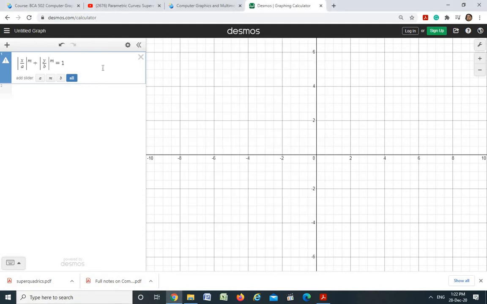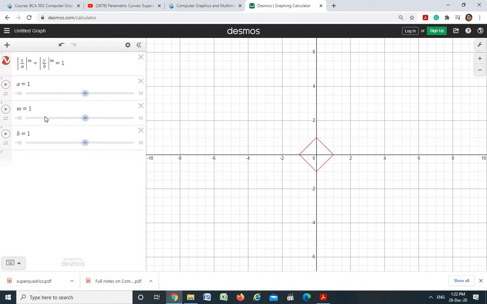For all these variables, we need a slider. So I'm putting a slider here. Let us set the range of a from 0 to 5, m also 0 to 5, b also 0 to 5.